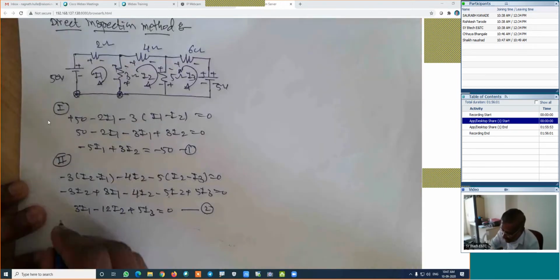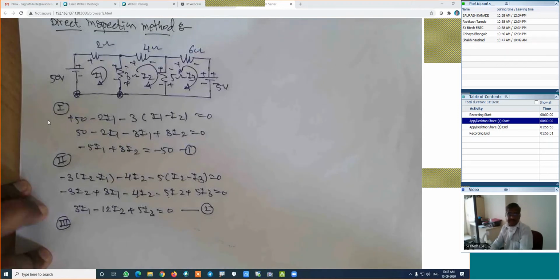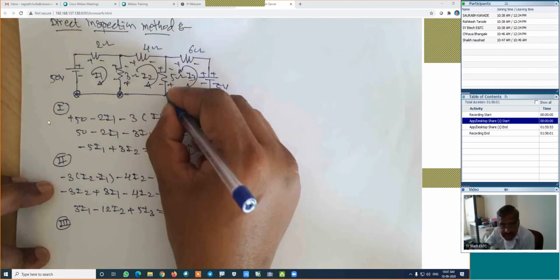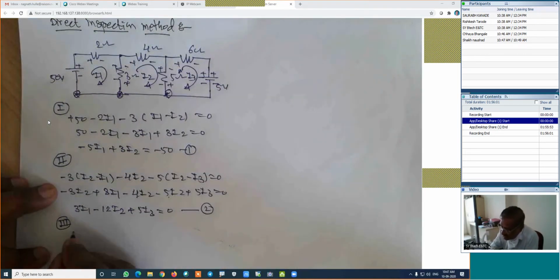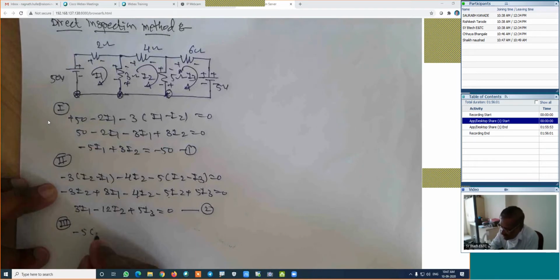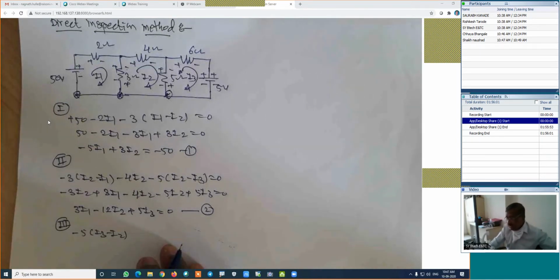Similarly, if we apply KVL to loop 3, how will the equation be? Traveling from this point in the loop in the clockwise direction, it is minus 5 into its current, and its current is (I3 minus I2) for this particular mesh.